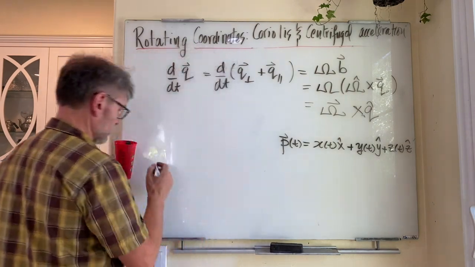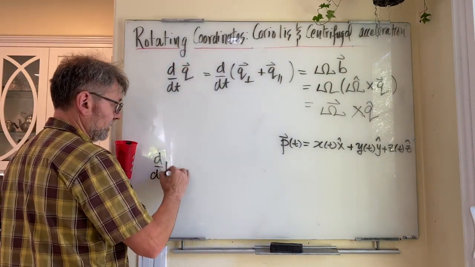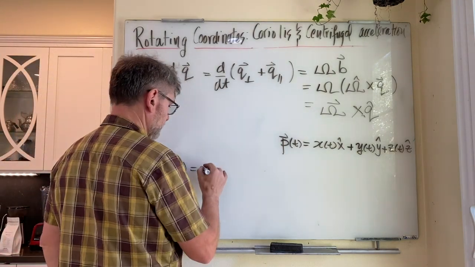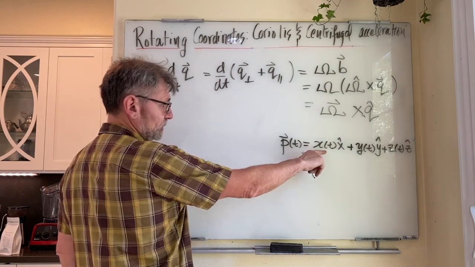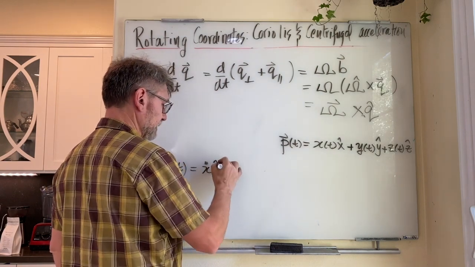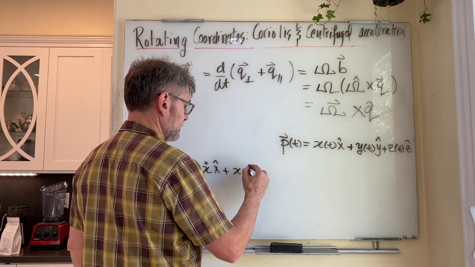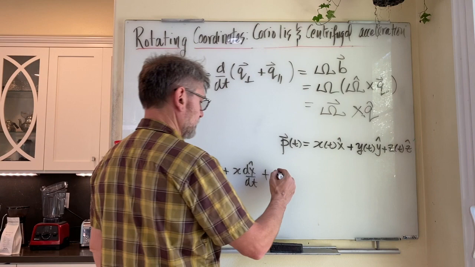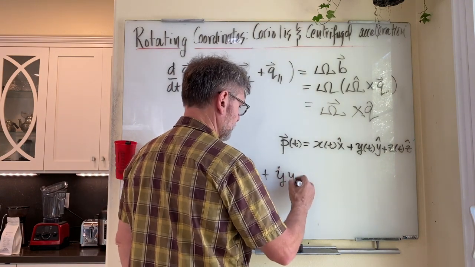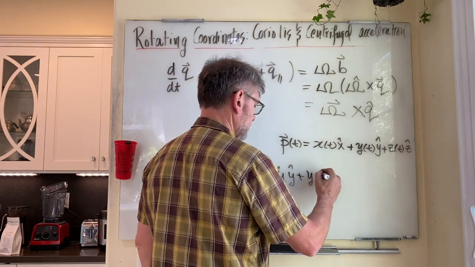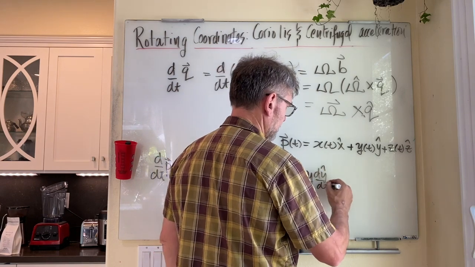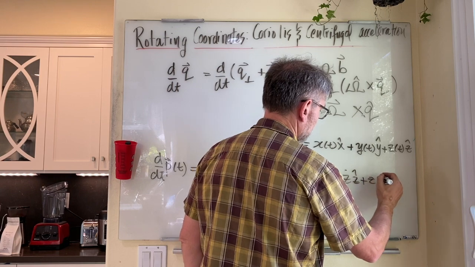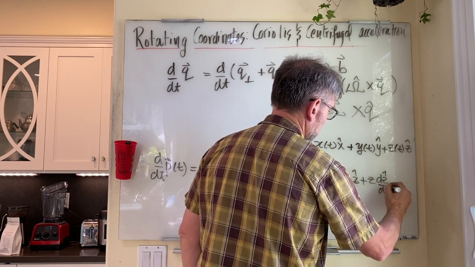If I take d by dt of p of t, I'm going to use the product rule: x dot, the time rate of change of this x coordinate, times x hat, plus x times dx hat dt, plus y dot times y hat, plus y dy hat dt, plus z dot z hat, plus z dz hat dt.